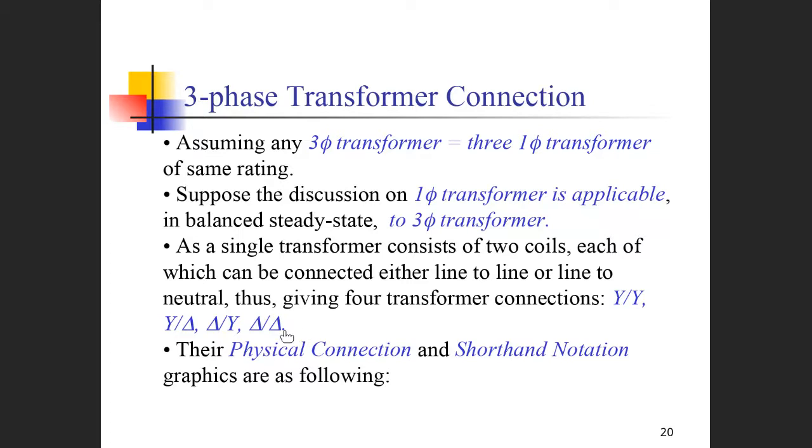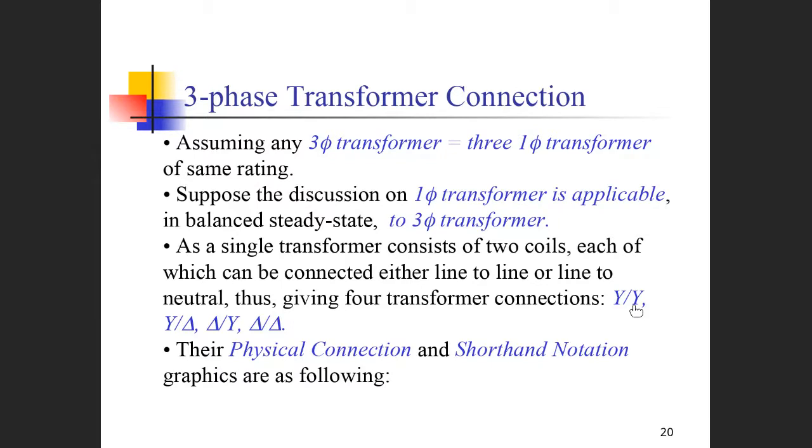Here, even for the star-star connection, as I just mentioned in the previous slide, they may have different groupings of phase 1 and phase 2. The primary itself is a star connection. The secondary itself is a star connection. But the primary coils and the secondary coils are not in one-to-one correspondence, but a combination.